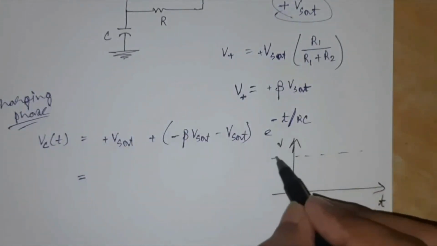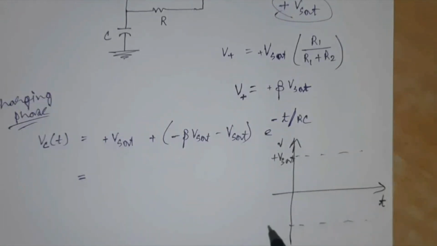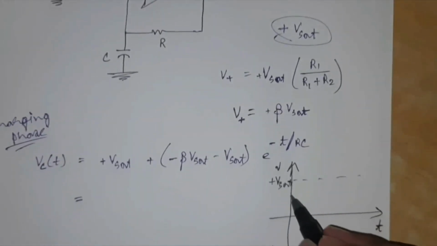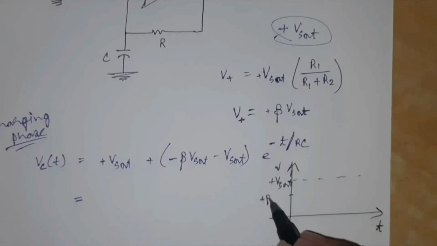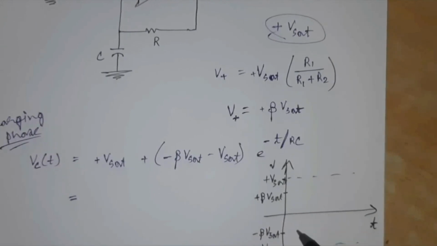Let this be plus Vsat value, let this be minus Vsat value, and this beta you can observe, after multiplying with Vsat, it would be lesser than this. So plus beta Vsat somewhere here and minus beta Vsat somewhere here. This is not to scale. So first our capacitor is charging. Initially it is starting from somewhere here.